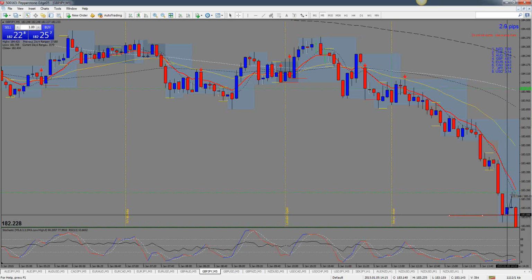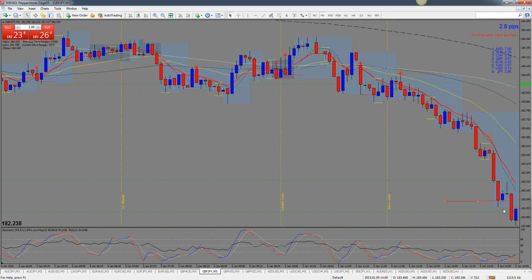I probably would have got stopped out on it, because I would be looking for a maximum of 15 pip stop loss, and that's almost 16. But if it had gone up real quick and shot back down, I might still be in that trade, but no, I'm going to count that as a loss for myself.